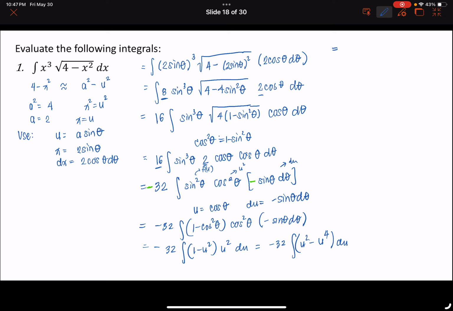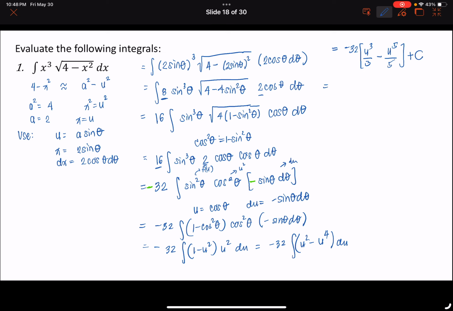So the integral would now be equal to negative 32 times u cubed over 3 minus u raised to 5 over 5, plus c. Take note that this is about radicals, square root. So we might as well write u with even exponent and factor out the odd exponent.